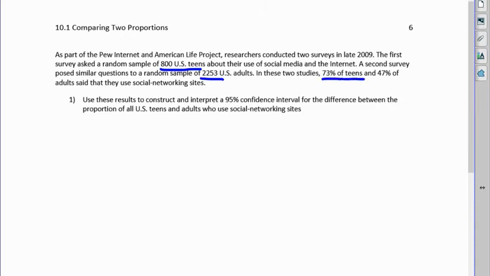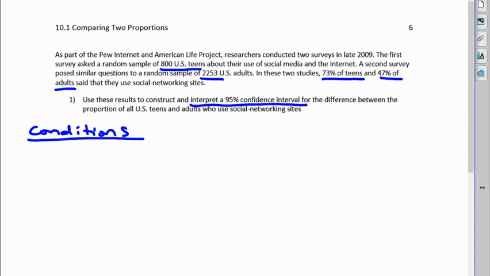And what they saw: 73% of the teens and 47% of the adults said they use social networking sites. So let's use these results to construct and interpret a 95% confidence interval for the difference between the proportion of all US teens and adults who use social networking sites. So, got our conditions. I'll write them all out because I know you can fast forward through this portion.